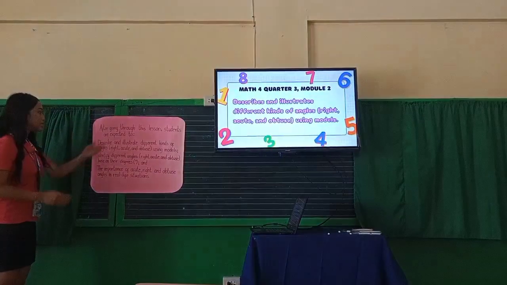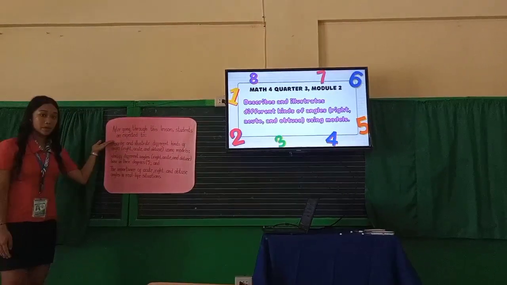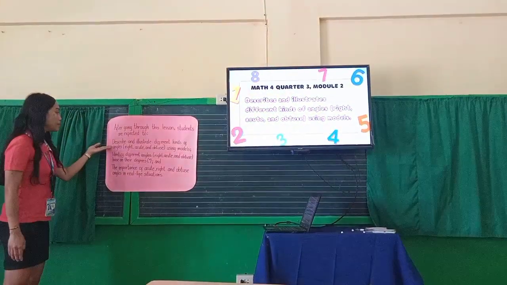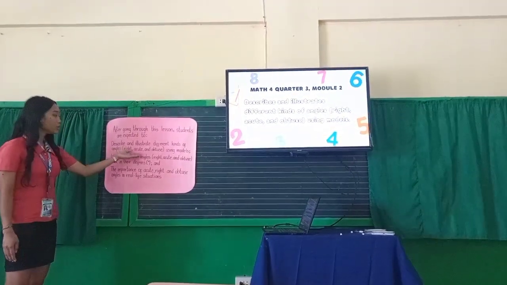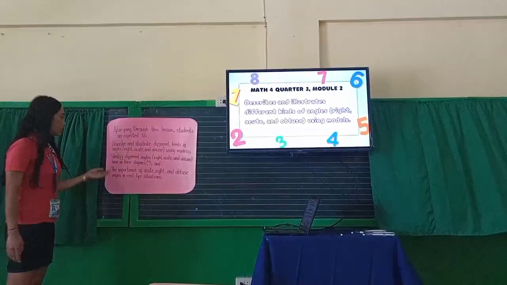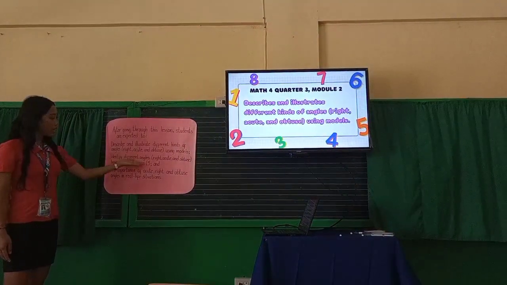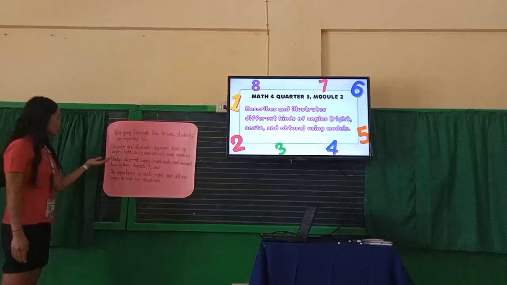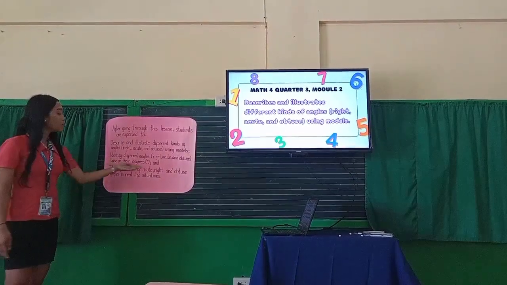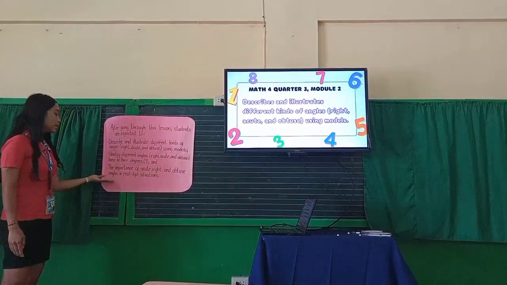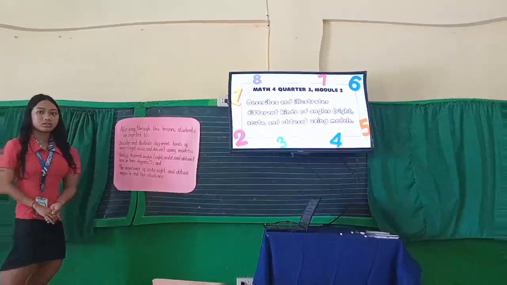After going through this lesson, students are expected to describe and illustrate different kinds of angles, right, acute, and obtuse using models. Identify different angles, right, acute, and obtuse based on their degrees, and the importance of acute, right, and obtuse angles in real-life situations.